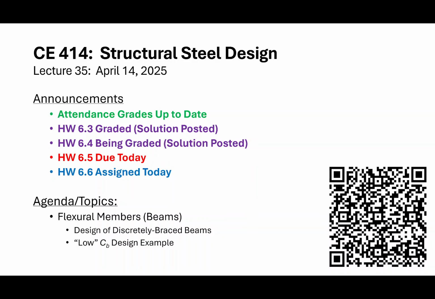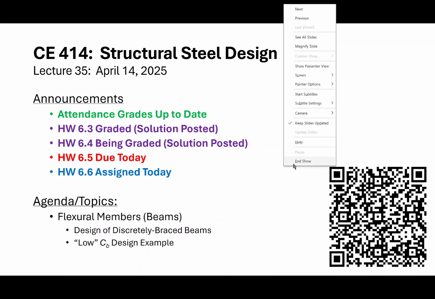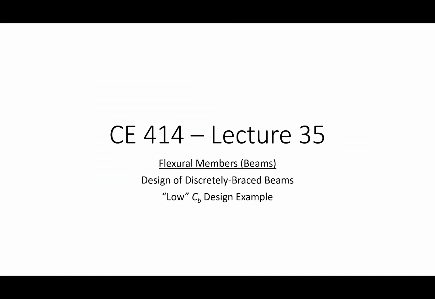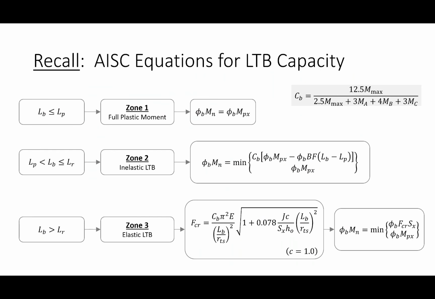Okay, so let's open up our notes and see where we're at. Just to make sure we're all on the same page, I'm hoping by now we're comfortable with this flowchart. The first thing you want to do if you want to assess a beam's capacity is determine what zone you're in.